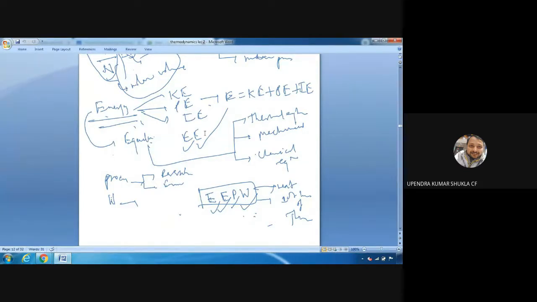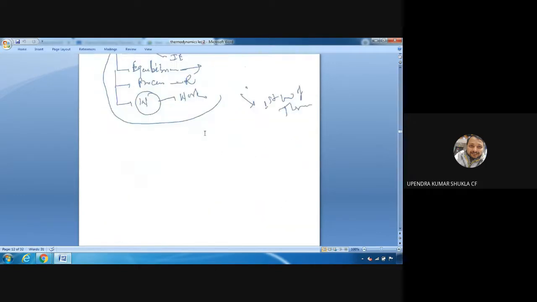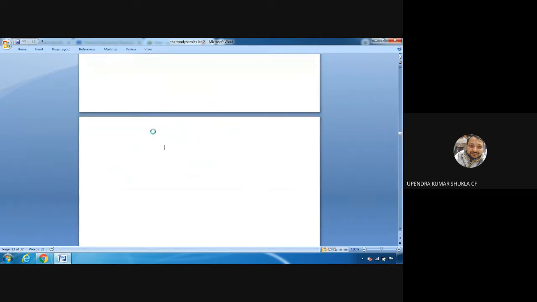The sum of kinetic energy and potential energy will be called the mechanical energy, and if you include the internal energy in it also, then it will be the total energy of the system. Now I have talked about all those things. Now this is the right time to proceed to the first law of thermodynamics.